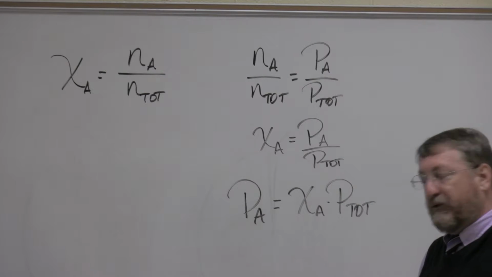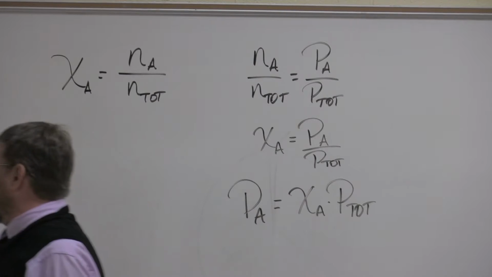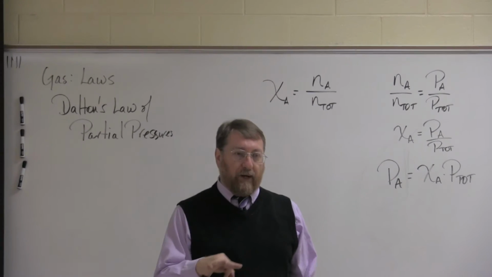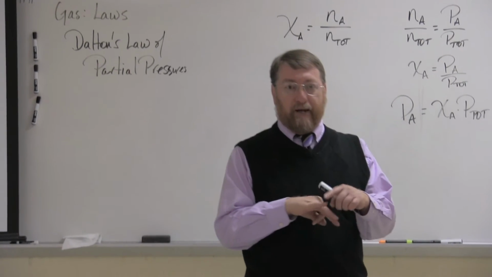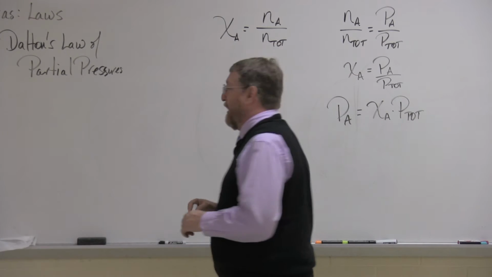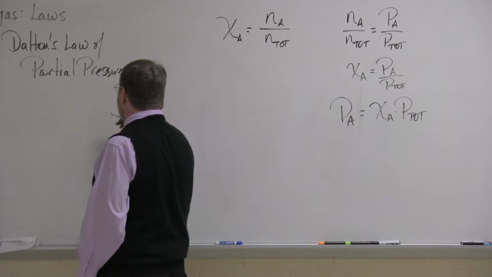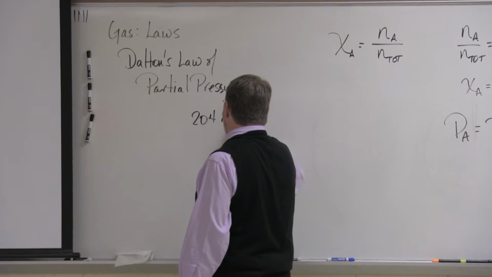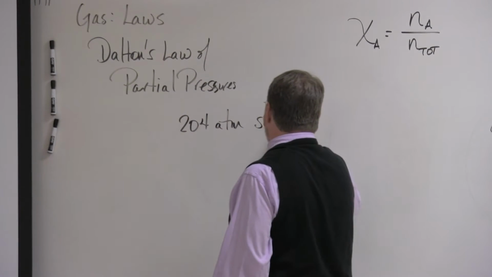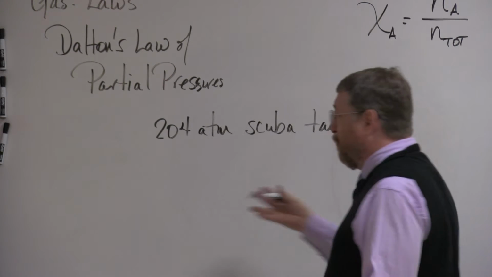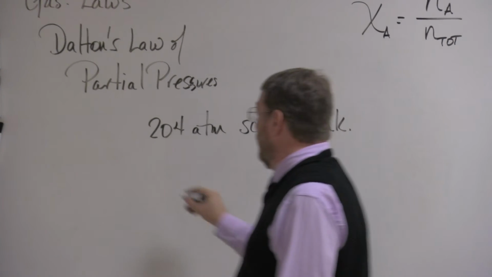Now let's say we have a mixture of gases. Let's take a scuba tank. It's a great example. Scuba tanks can have a 3-chemical mixture, nitrogen, oxygen, and helium, or they can have a 2-chemical mixture for deep dives, which would be oxygen and helium. So let's say we had a 204 atmosphere scuba tank. We take a sample of the gases.